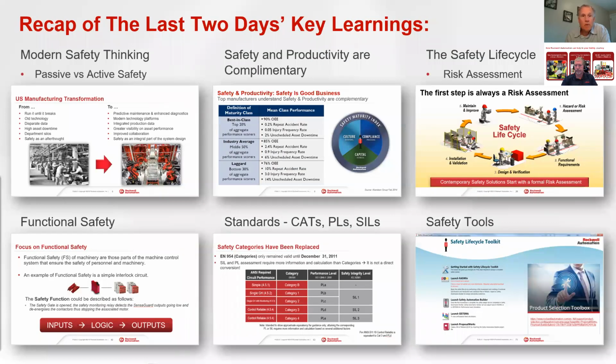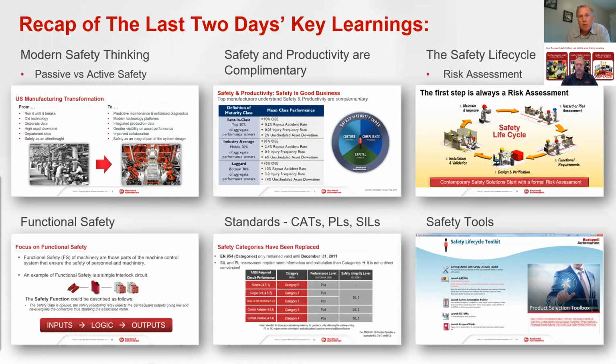To recap what we've covered so far. Day one, we covered modern safety thinking and philosophies. We talked about the whole passive versus active, looking at the seatbelt versus the airbag type philosophies for safety.